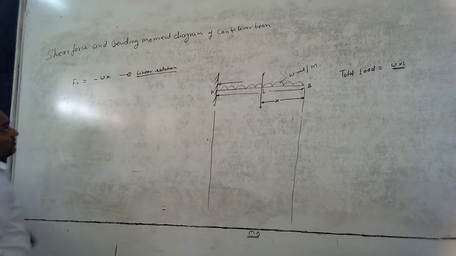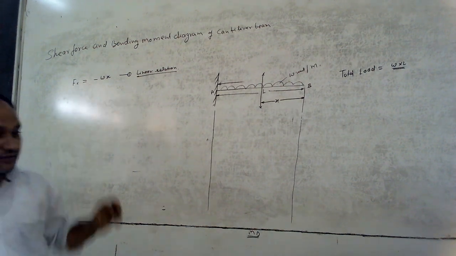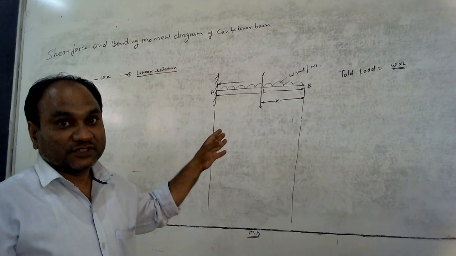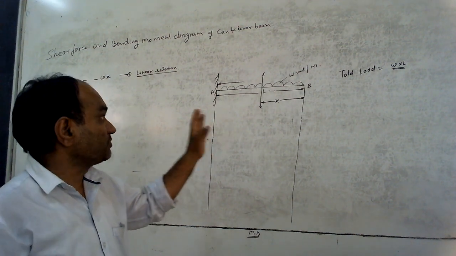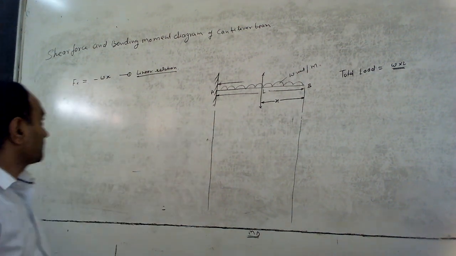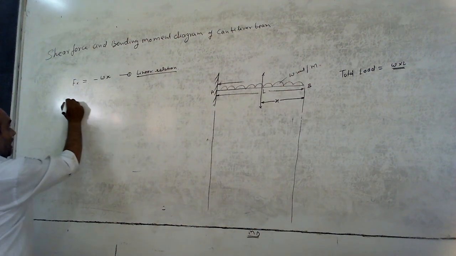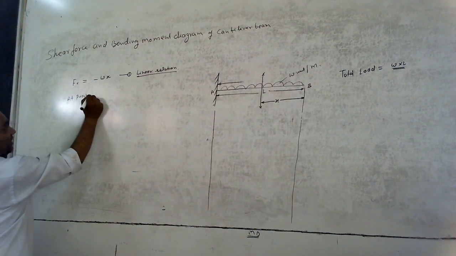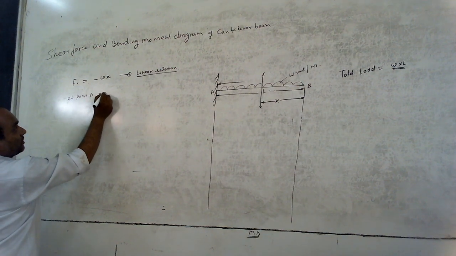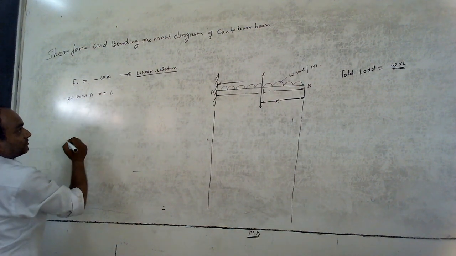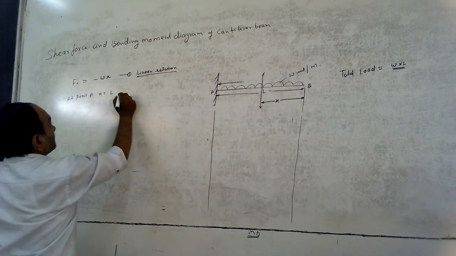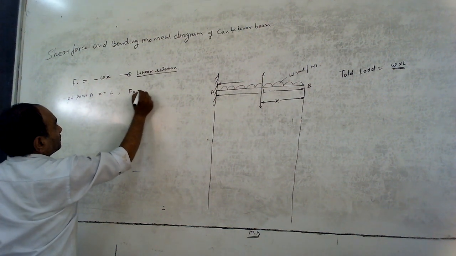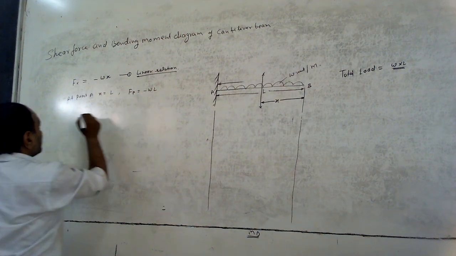By using this equation we can find out the load intensity or shear force at different portions of this beam, that is A and B. Means at point A, x equal to L and FA equal to minus WL.